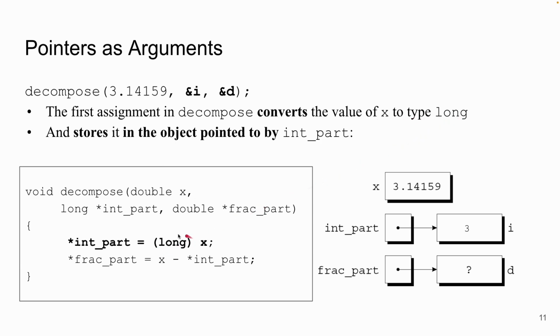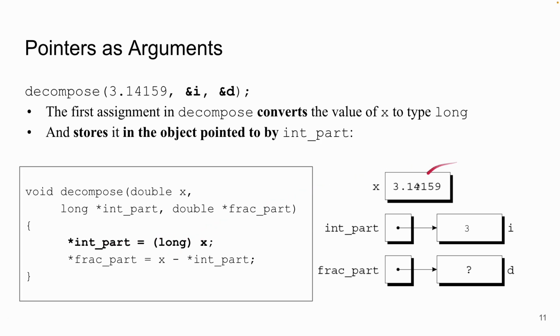That is why we have the cast here. And we want to assign this converted value to where int_part points to, because we apply the indirection operator here. So where does int_part point to? Based on the figure here, int_part points to the variable i. So what the first statement will do is assign this value to the variable i.